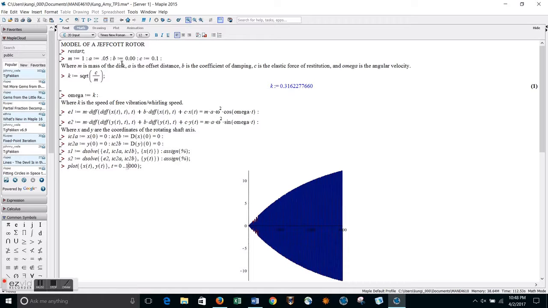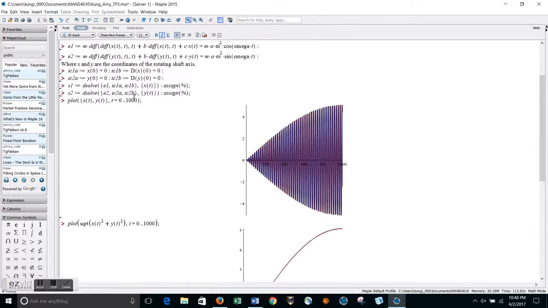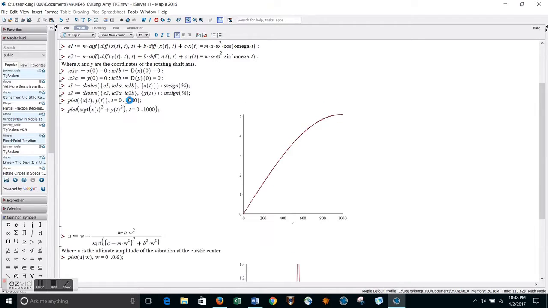Alright, and then going back to undamped, and then edging just past k to 1.01 k, and running it. You can see it better if you bring it out to about 3000 again.